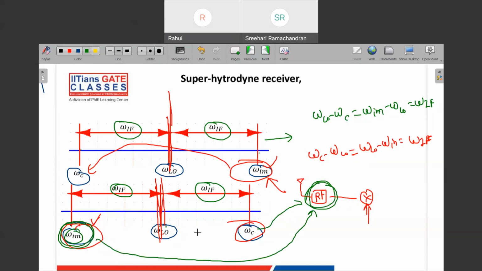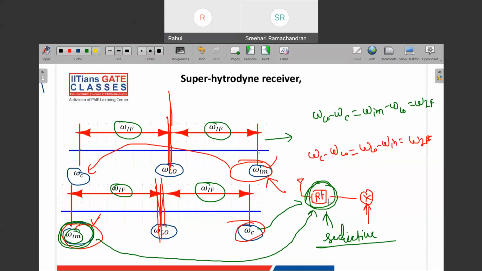So this RF circuitry has to be a kind of selectivity circuit, which means that it selects only a certain frequency range to pass through to the output and rejects the rest of the frequencies. So this RF plays a part in rejecting the image.